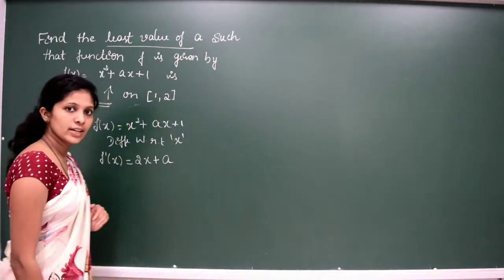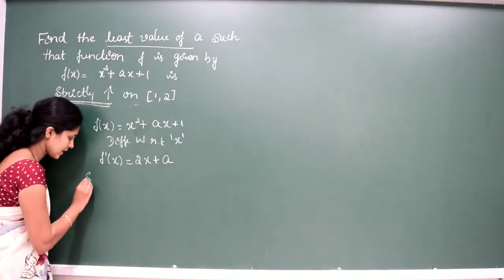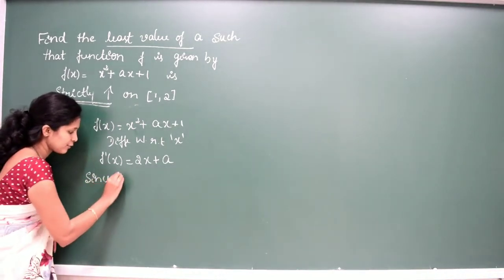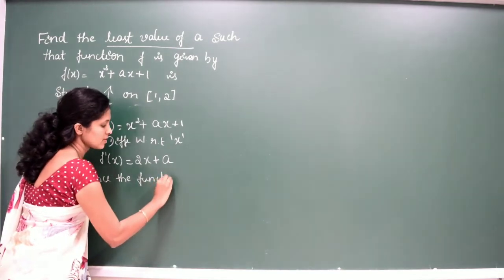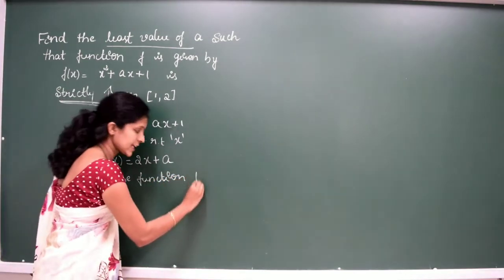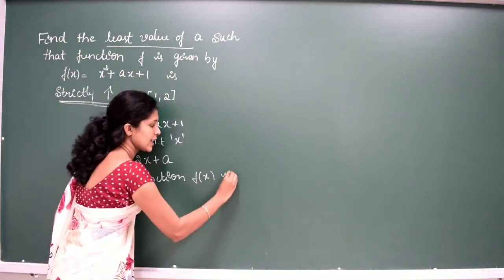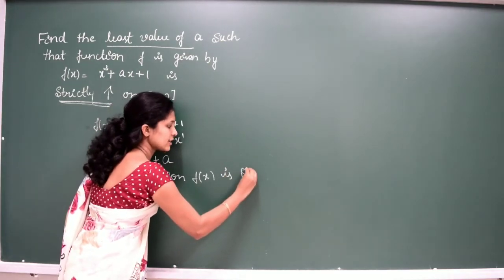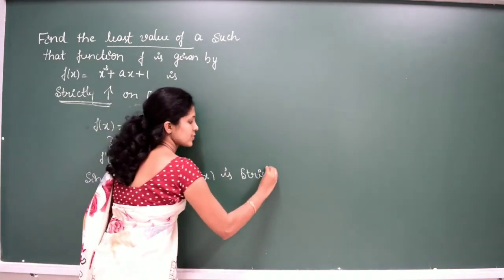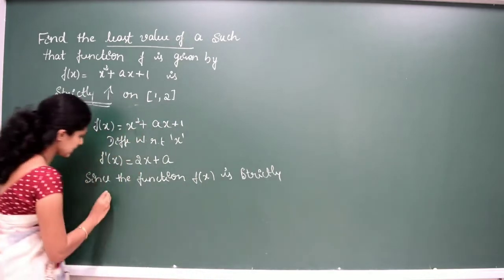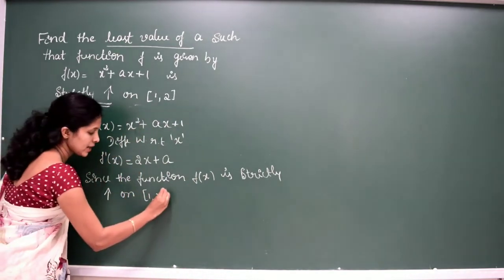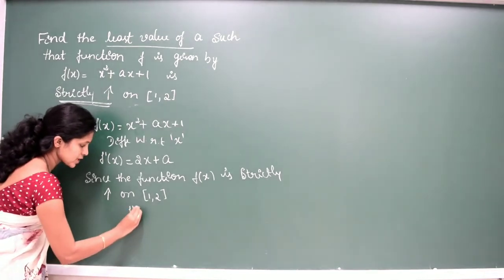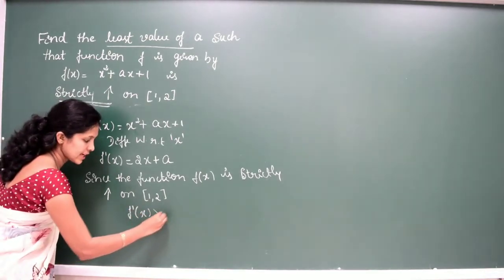Now what is given? The function is increasing. Since f of x is strictly increasing on 1 to 2, by this we can say that f dash of x is greater than 0.